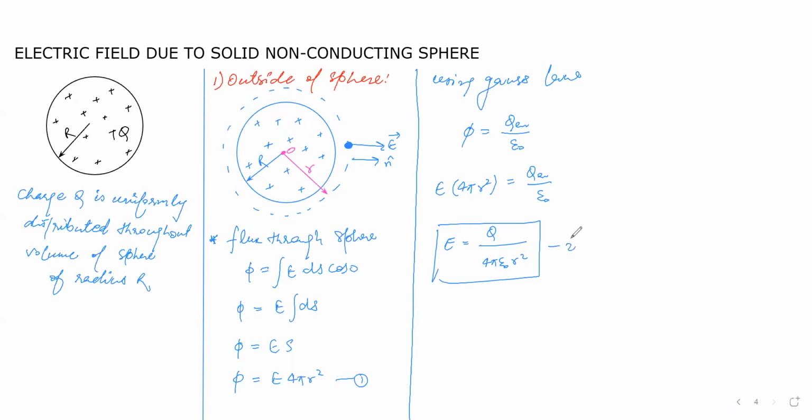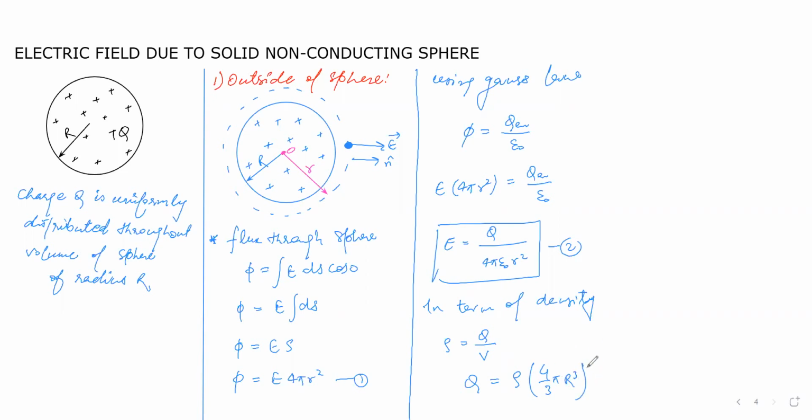In terms of volume charge density, we can consider the density rho is equal to charge over volume, where Q is equal to density into volume, 4 by 3 pi R cube.